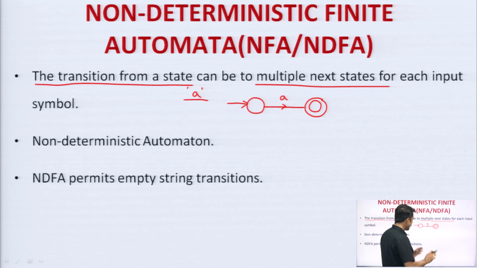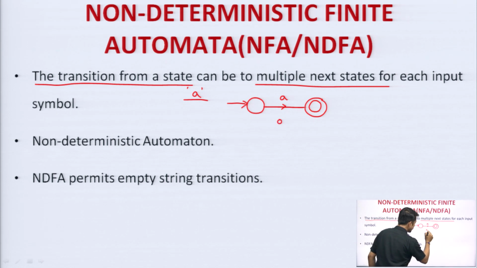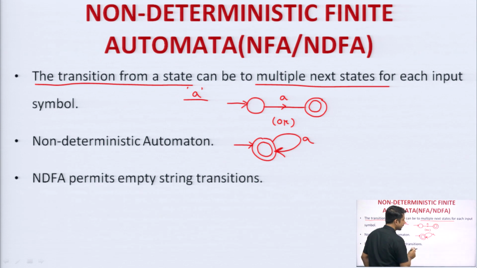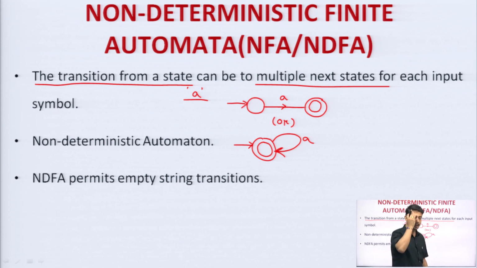Or it may be like this: this initial state I have made a final state, and I have done a transition of A, or you can say a loop of A, onto itself.